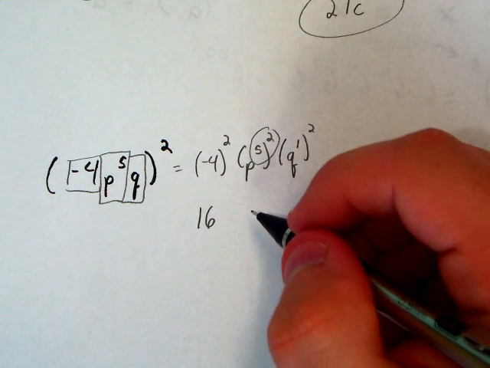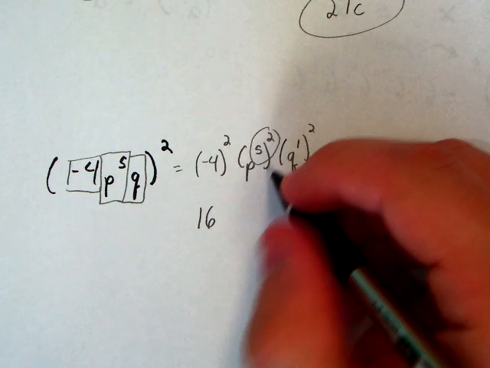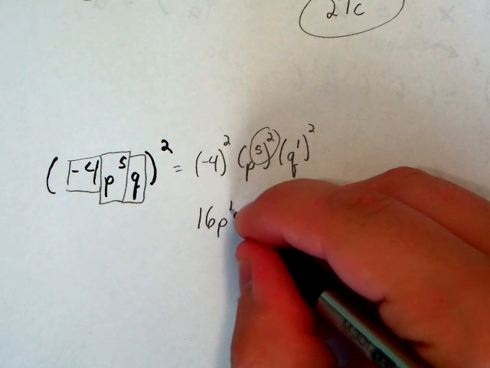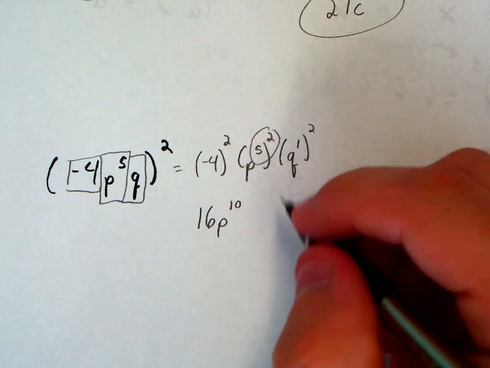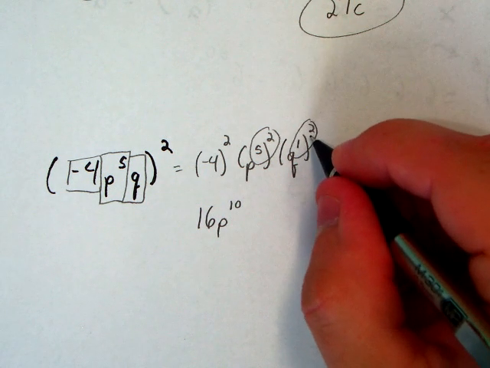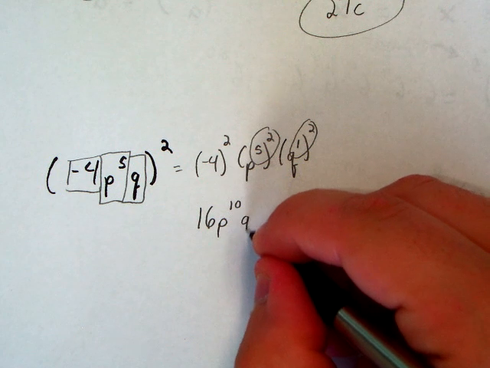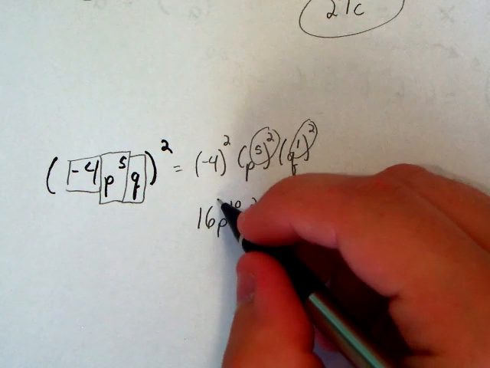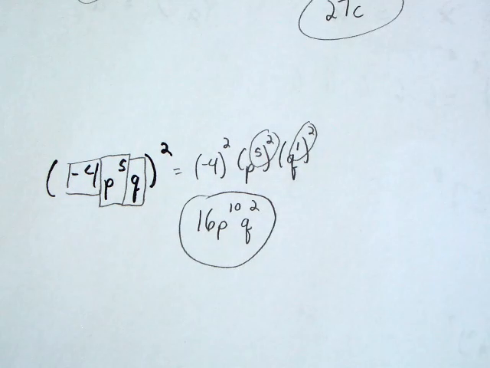If we use our power of a power rule from the previous page, 5 times 2 is 10. And same thing here, if we use our power of a power rule, 1 times 2 is 2. So the answer would be 16 p to the 10th q squared.